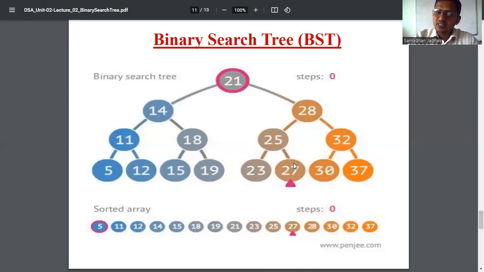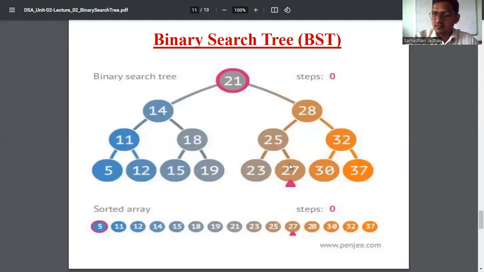To search 27 in a binary search tree, how many comparisons are required? 1, 2, 3, and 4, right? 21, 28, 25, and then 27. If it were not a binary search tree, how many comparisons would have been required to search 27?